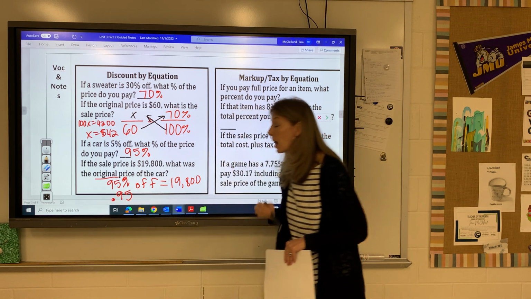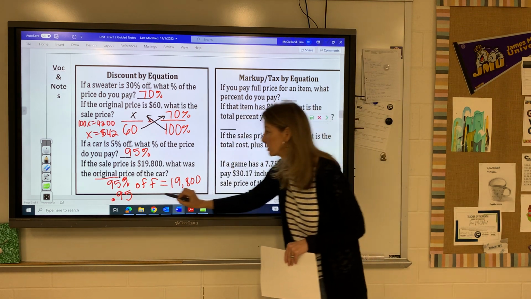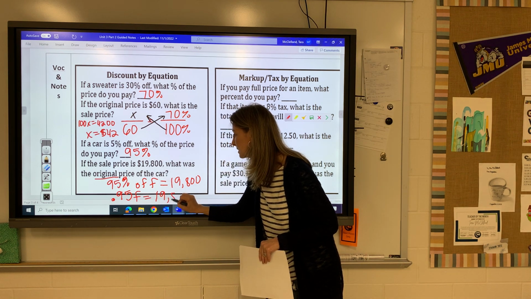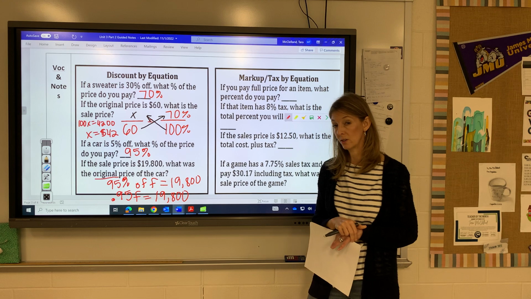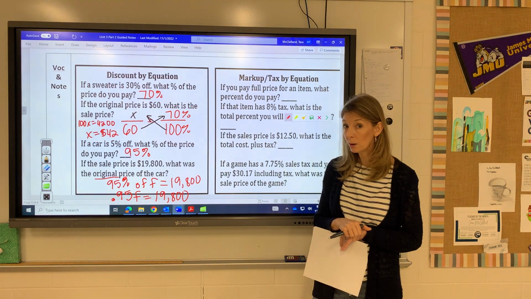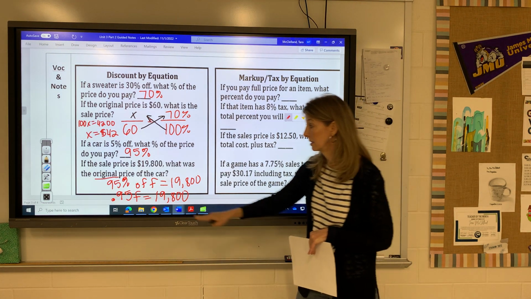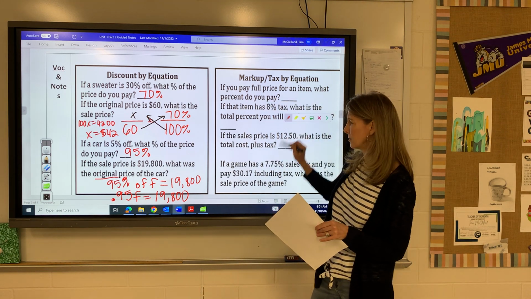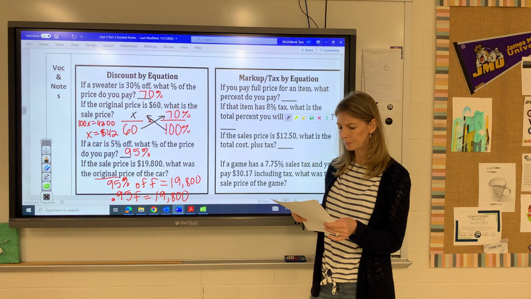0.95 of the full price, so just times F, equals $19,800. I would divide both sides by 0.95, and when you do that, and I know I'm kind of running out of room here, I'm sorry.